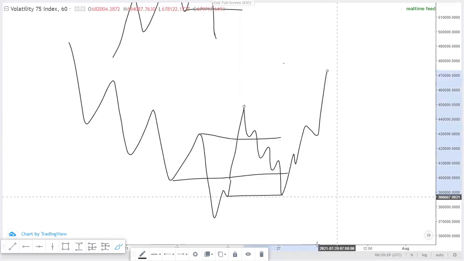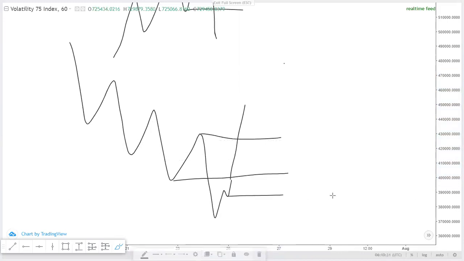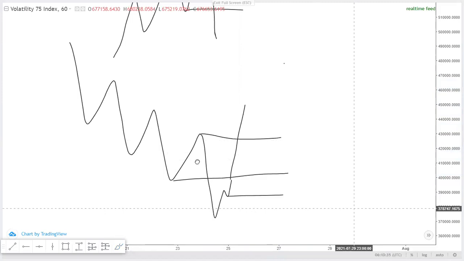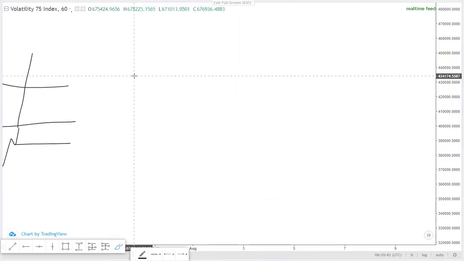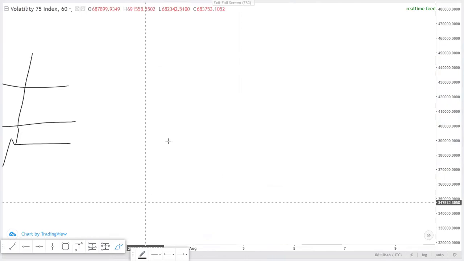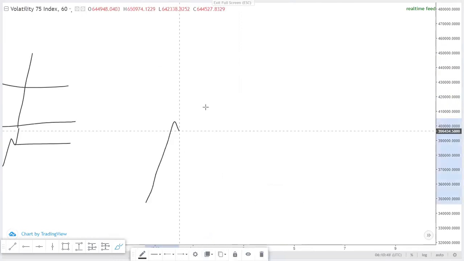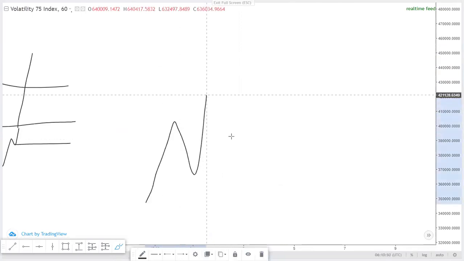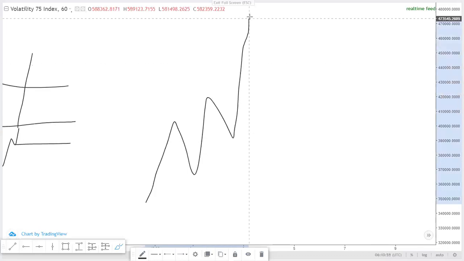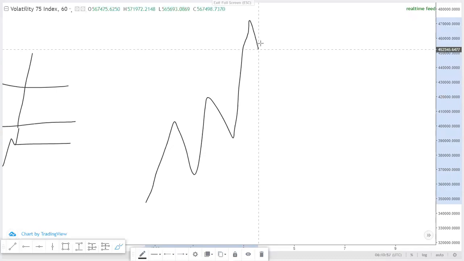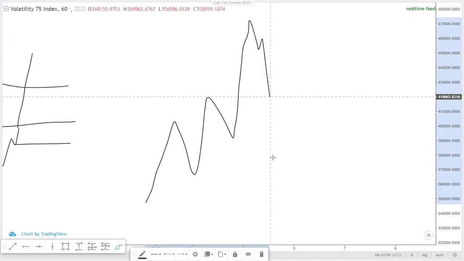Also, another example on invalidation X. Invalidation X can come in two different ways. Let's say you're in an uptrend, then price creates a huge impulse, then creates invalidation X like this, then price drops.